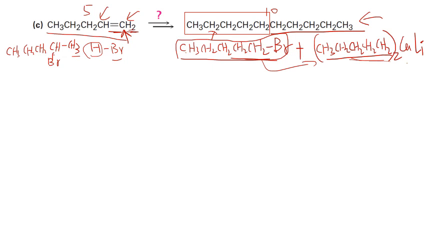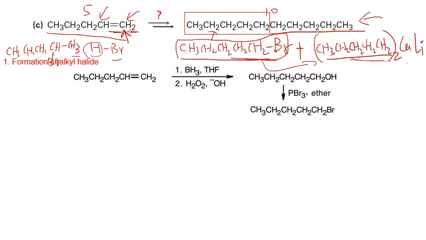So is there a way we can add a functional group at the end? Well, again, in organic 1, you learned a method to make the anti-Markovnikov product, and that is the combination of borane and hydrogen peroxide in basic condition.